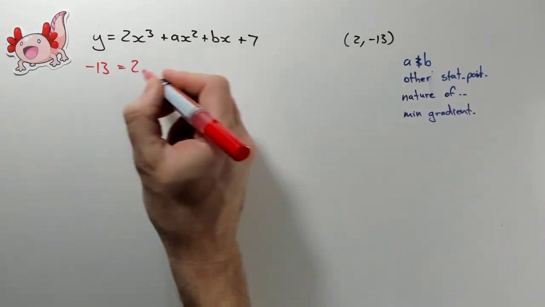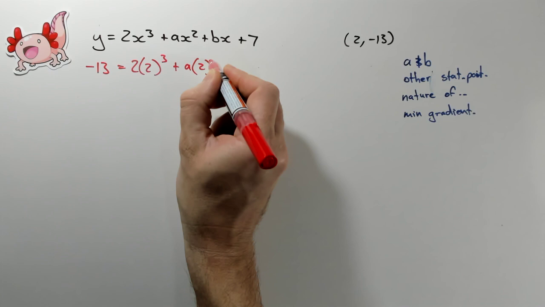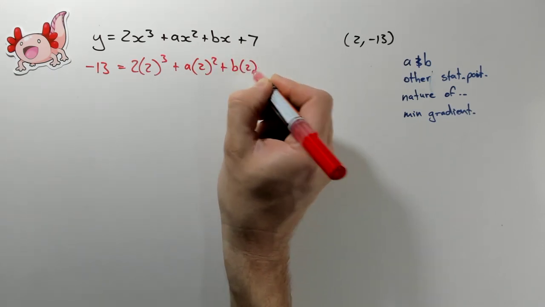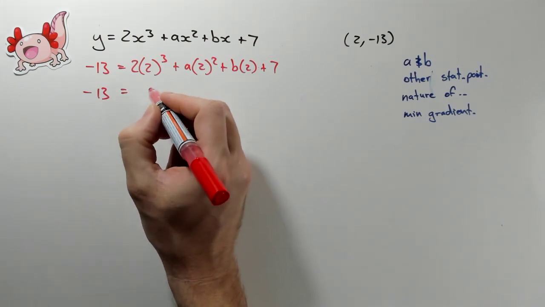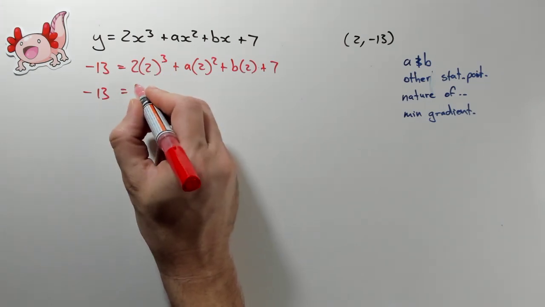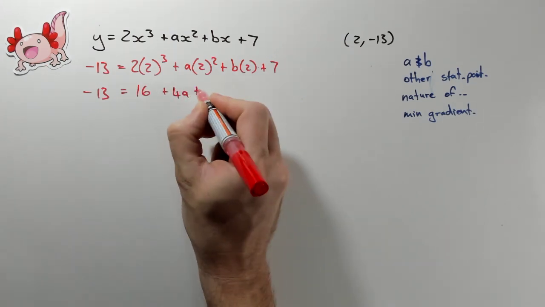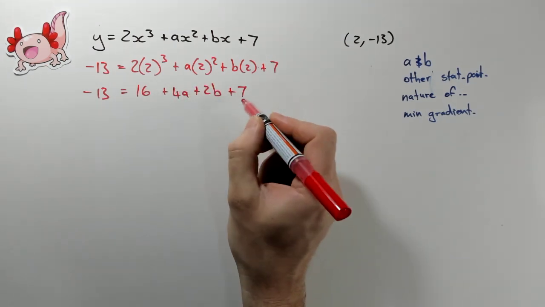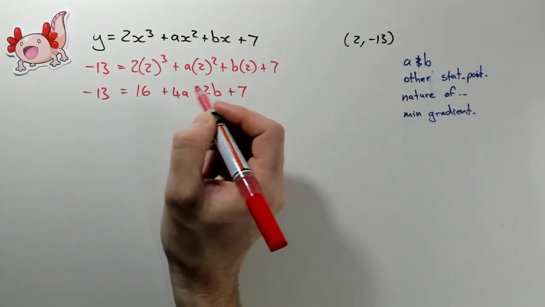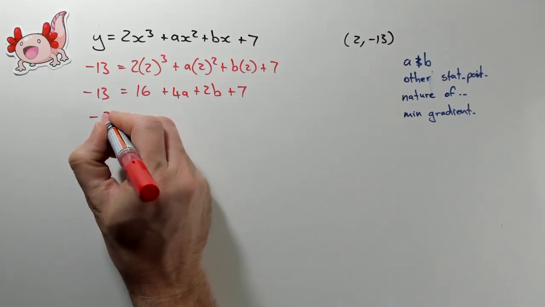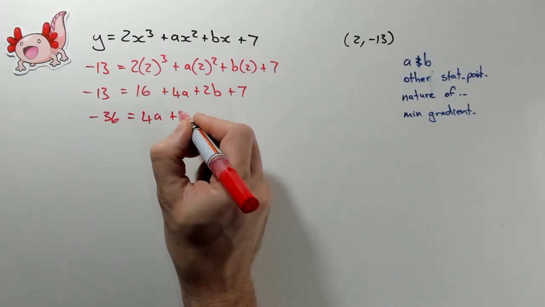So 2 cubed, then 4a for 2 squared, plus 2b, and the -13, 2 times 2 cubed is going to be 16 plus 4a plus 2b plus 7 and the 6, and then carrying it over that side, that should be -36. And what's left here is just 4a plus 2b.